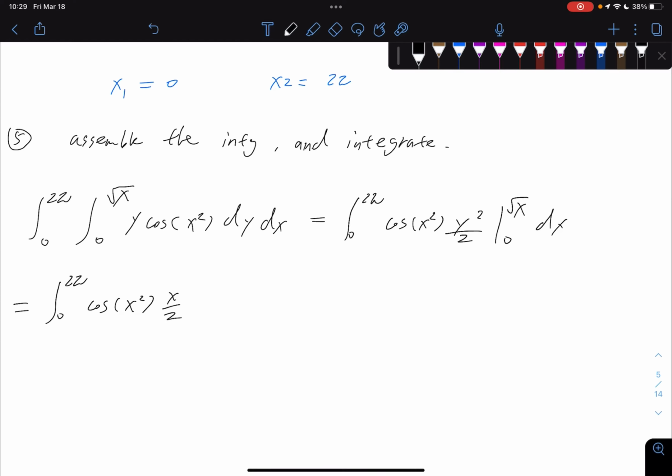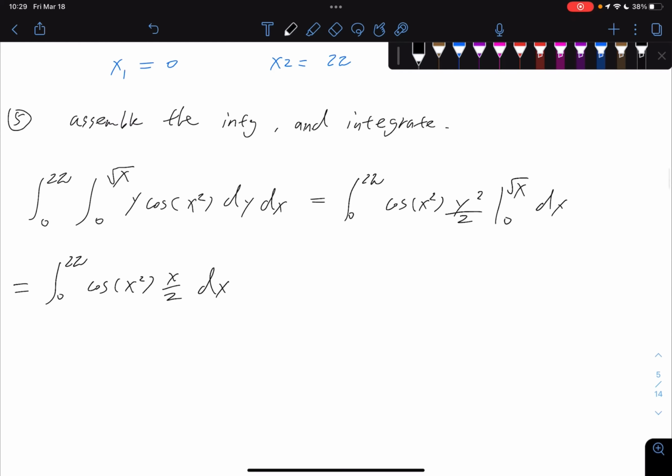Square root y squared, substituted by square root, just gives us x, and then divide by 2, and the lower bound just yields 0. Okay, so this is where we need to do the u substitution, right?